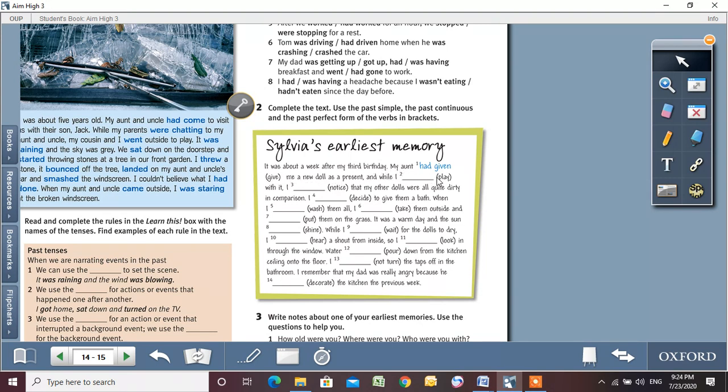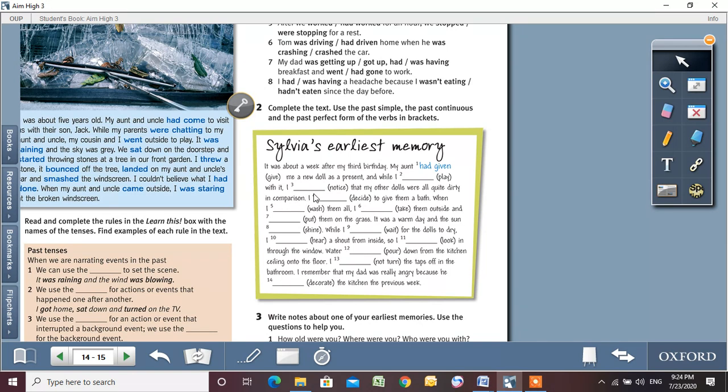My aunt had given me a new doll as a present, and while I was playing with it, I noticed that my other dolls were all quite dirty in comparison.